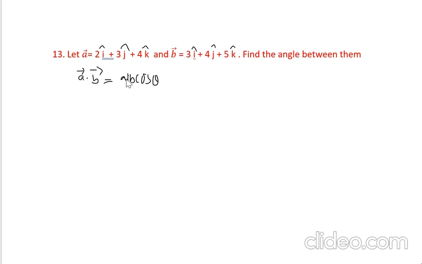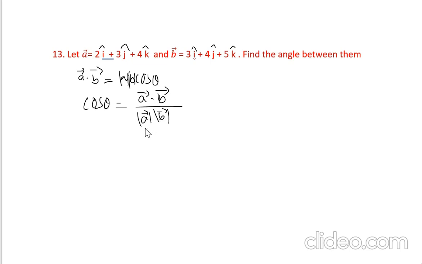So I can write cos theta is equal to A dot B divided by the magnitude of A vector into the magnitude of B vector.